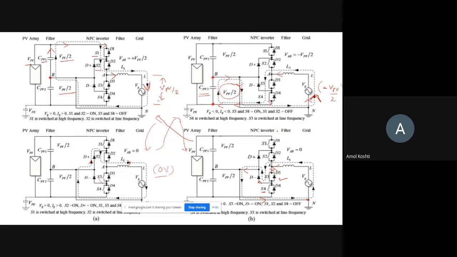So that is how, if you see, the efficiency at the end is increased. So again the three levels of output are produced. If you want more levels of output, we have to connect more switches into the circuit and produce the output.